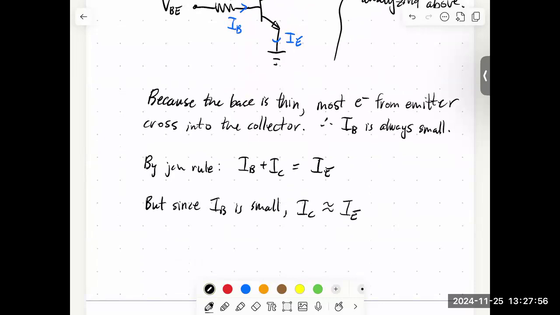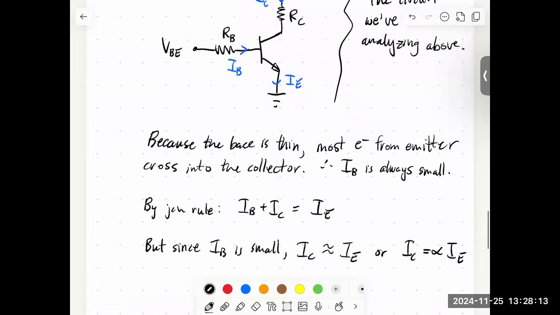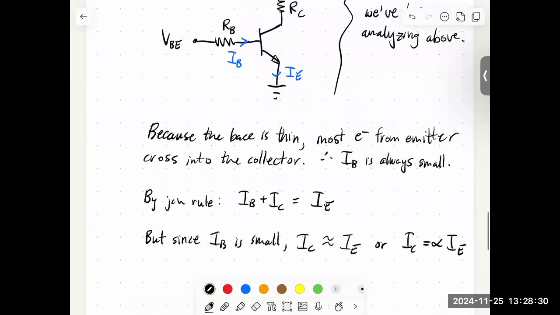What people typically do when talking about these transistors is they introduce this parameter alpha. They say I collector is equal to alpha times I emitter, where alpha is very close to 1. It's slightly less than 1 because the collector plus base equals emitter, so the emitter is always the bigger current. And so alpha is something a little bit less than 1, and that will tell us our collector current.